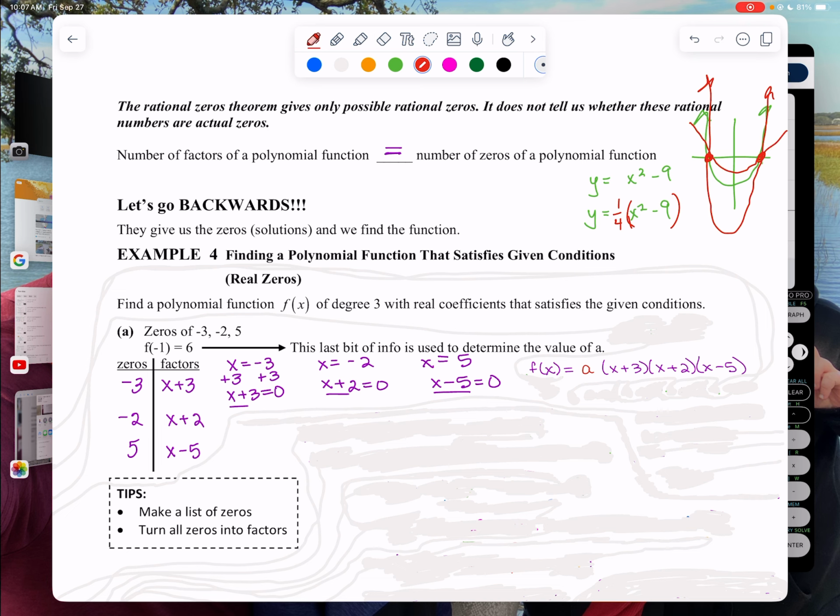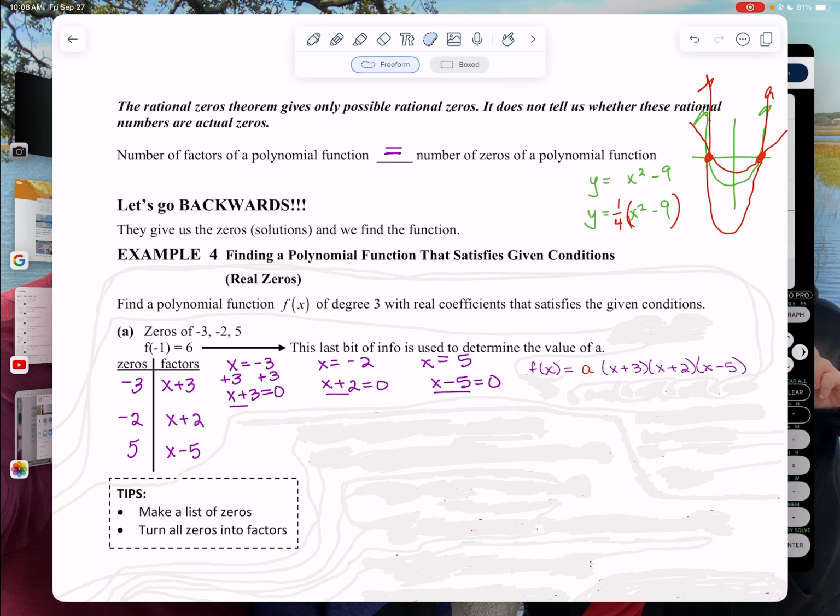But all of these would have the same intercepts, so I could have an infinite number of equations. So they want a specific equation, right? That is what this last bit of information is for: to help us determine what the a value is. So this one is a little bit interesting.